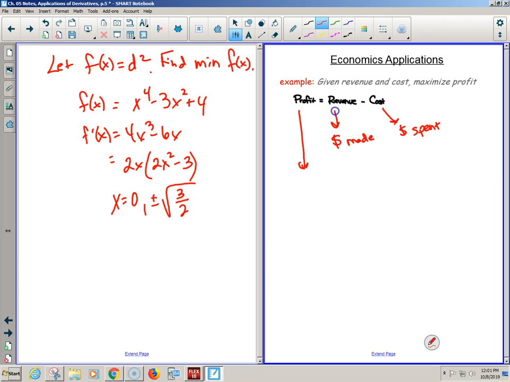And then profit is the above and beyond. Revenue might already take into account some things. Or just in general, revenue is what's coming in, cost is what you're spending for whatever it is that you're doing, and profit is then the above and beyond. If there is above and beyond. If there's not, then you're in the hole.